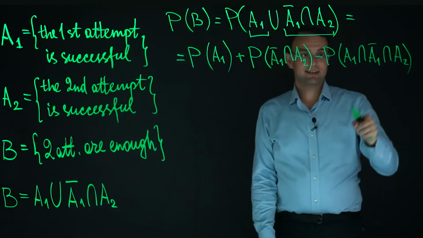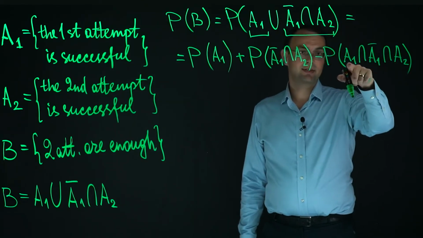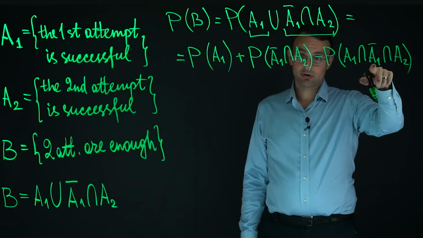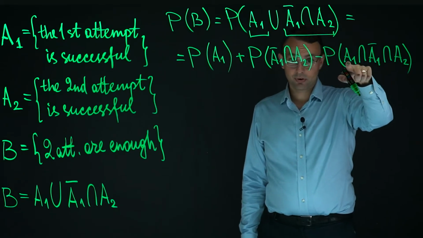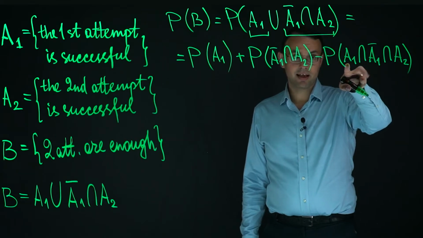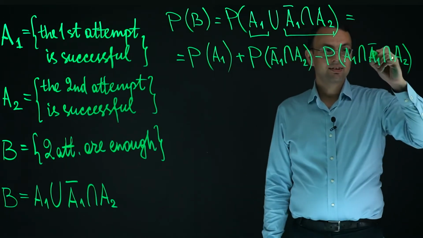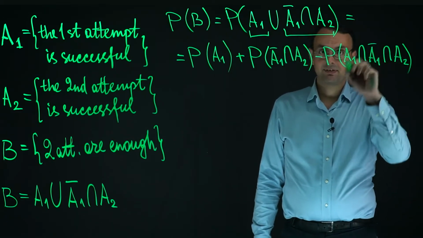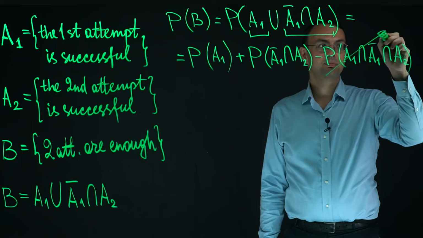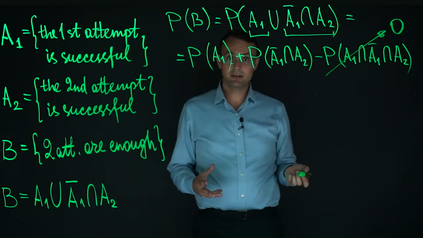But now I see that this event is an impossible one. So here I see A1 intersection A2. So both are to take place, both are to occur, A1 and not A1. This is impossible. So this event is an impossible event, and that is why its probability is 0. Probability of an impossible event is 0.